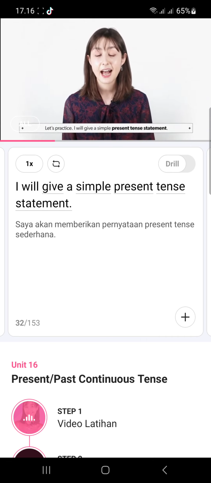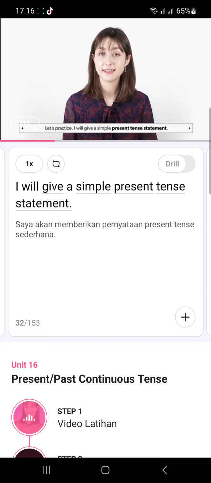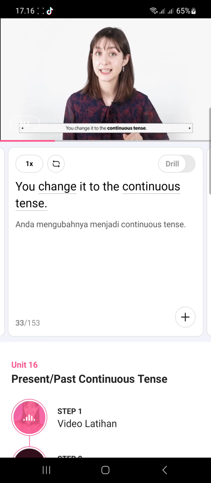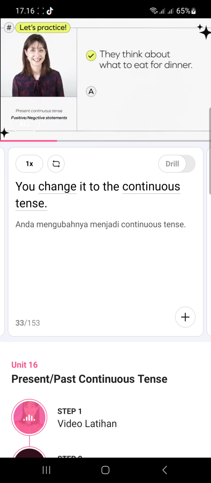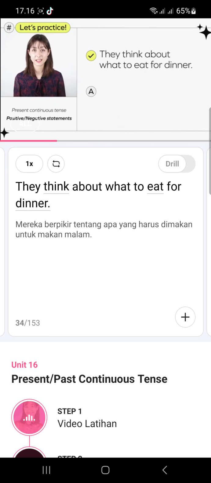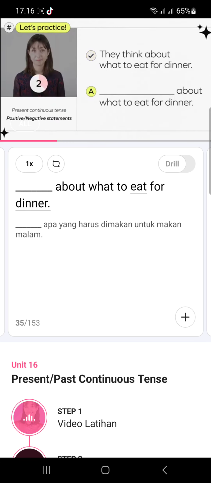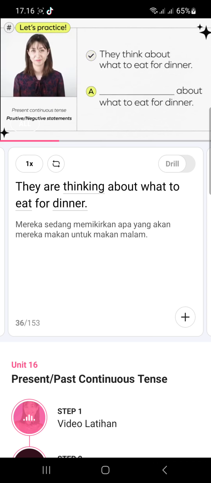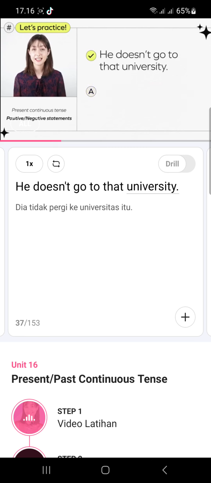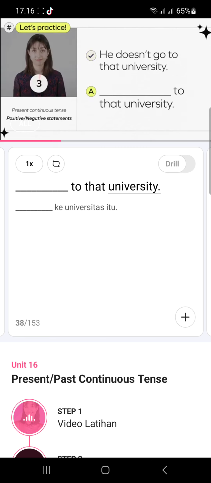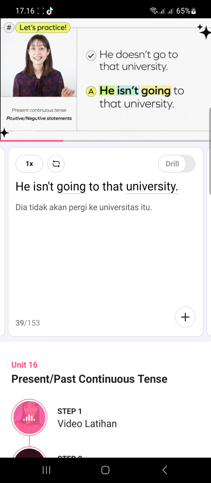Let's practice. I will give a simple present tense statement. You change it to the continuous tense. They think about what to eat for dinner. They are thinking about what to eat for dinner. He doesn't go to that university. He isn't going to that university.